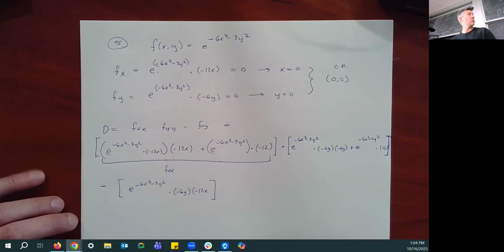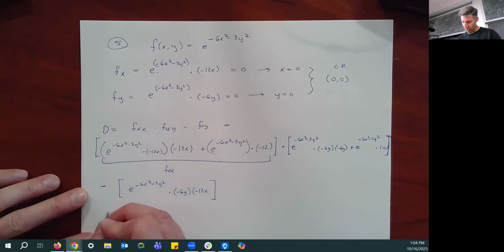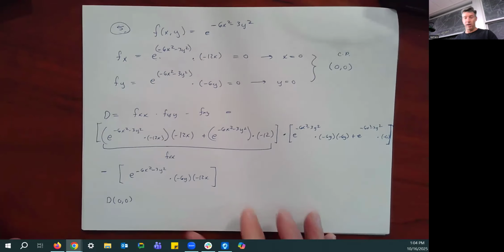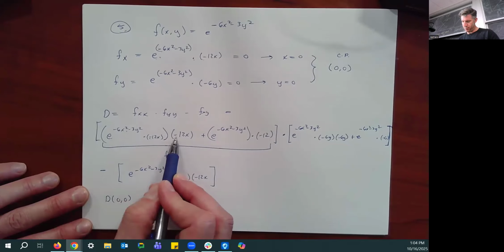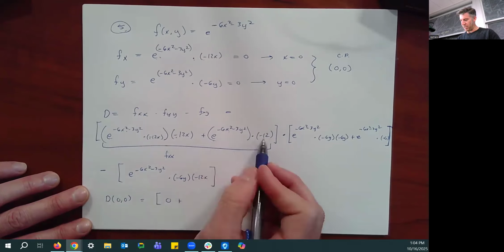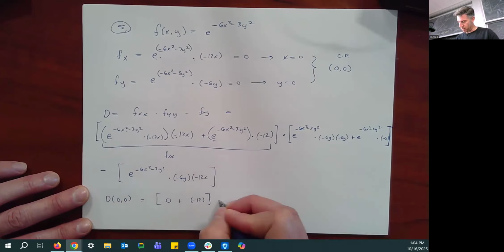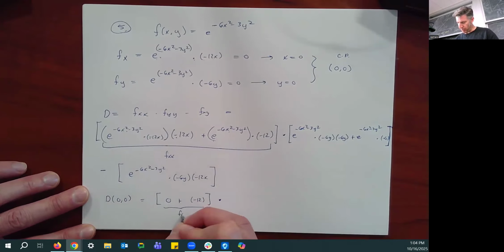Okay, here's the good news. Plugging in 0, 0 is going to make this much, much, much less terrible. So if we plug in 0, 0, I'll remind everybody that e to the 0 is equal to 1. So we're going to get e to the 0 times 0 times 0 plus e to the 0 times negative 12 times, so there's my fxx right there, plugged in with 0, 0.